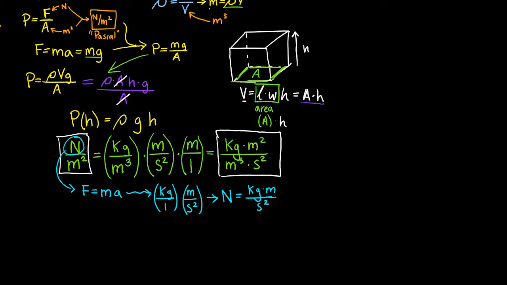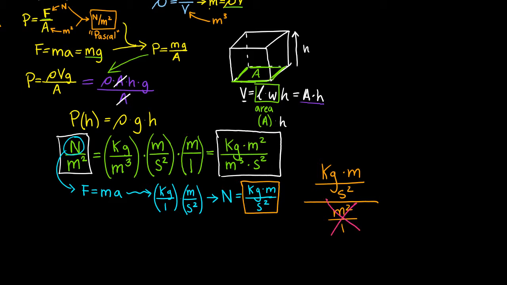Let's take what we know as a Newton and divide it by meters squared. Kilograms times meters divided by seconds squared divided by meters squared is, and think back to the math that you remember from algebra, a fraction divided by another fraction is really just the numerator fraction multiplied by the inverse of the denominator fraction.